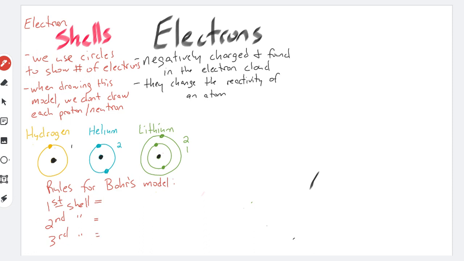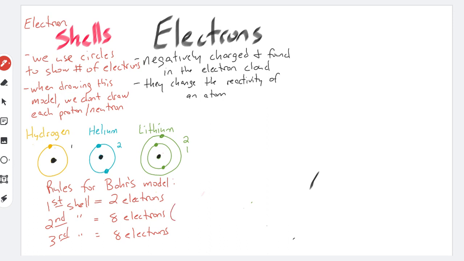So it's first shell, second shell, and third shell. The first shell can hold up to 2 electrons. The second shell can hold up to 8 electrons. And the third shell can hold up to 8 electrons.